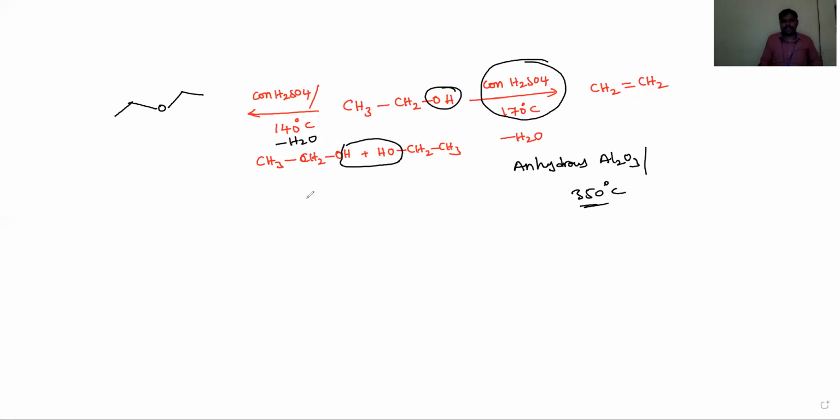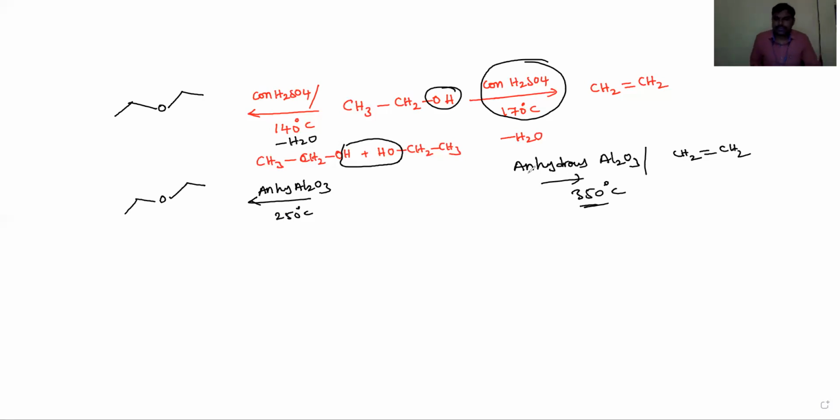If the anhydrous Al2O3 alumina is used at 250 degrees centigrade, the product is diethyl ether. And here CH2=CH2. These are the important reactions, dear students.